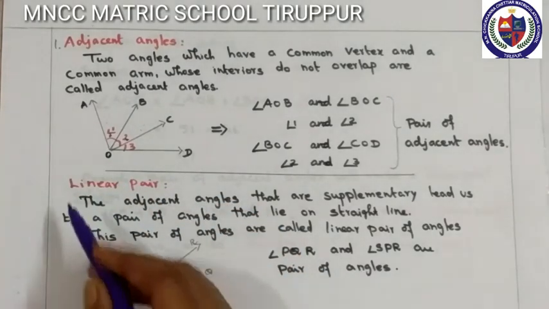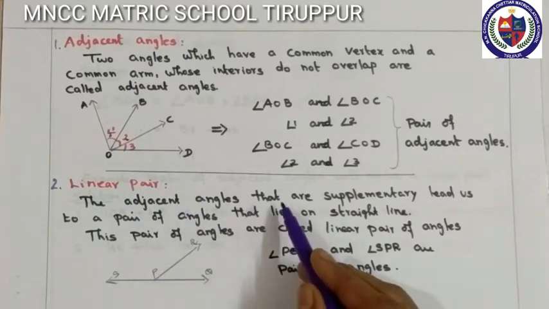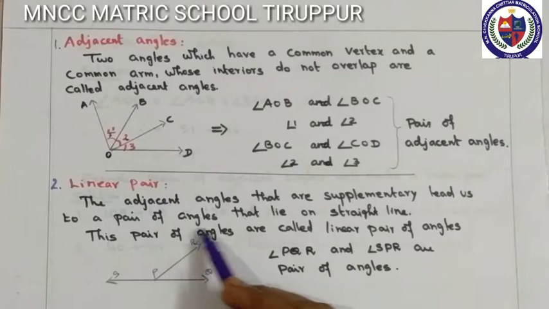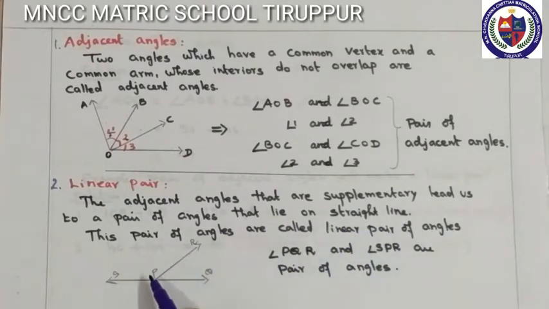Next topic, linear pair. Adjacent angles that are supplementary lead us to a pair of angles that lie on a straight line. There are two angles: one angle is QPR, another angle is SPR.